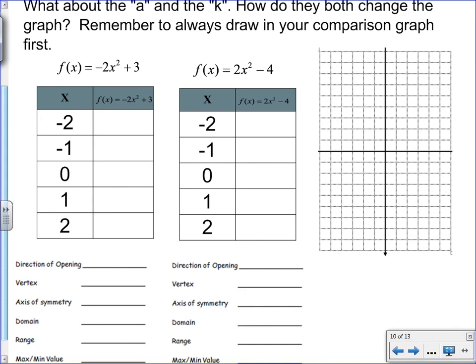So if I substitute this into my calculator, I would write negative 2. I'm going to write this out for you just in case you don't know. Negative 2 in brackets, squared, plus 3. That's what you would type in your calculator for the first one.